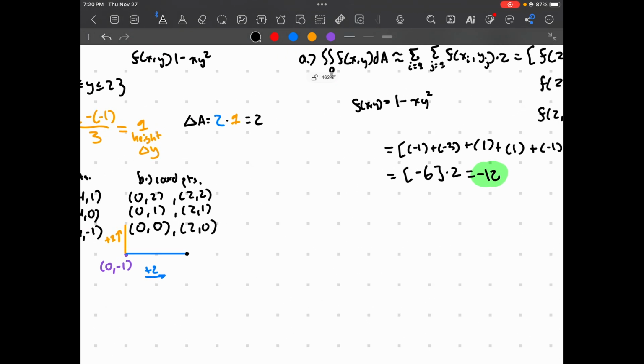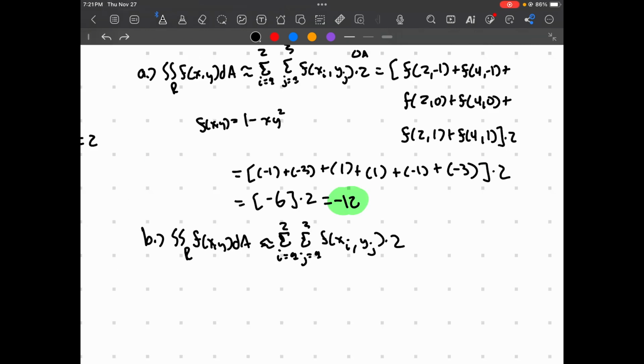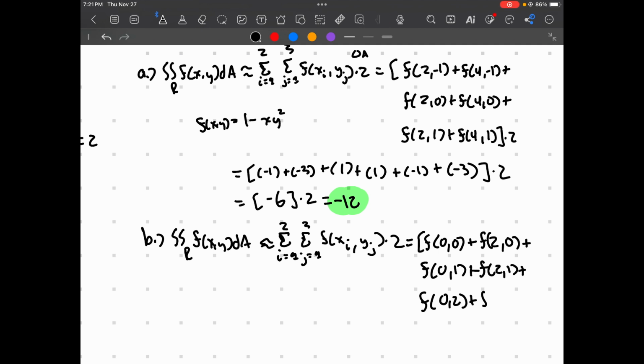Now we can plug that into our definition 5. Plugging in these points to definition 5 will give us the sum of f of 0, 0 plus f of 2, 0 plus f of 0, 1 plus f of 2, 1 plus f of 0, 2 plus f of 2, 2, all multiplied by 2.